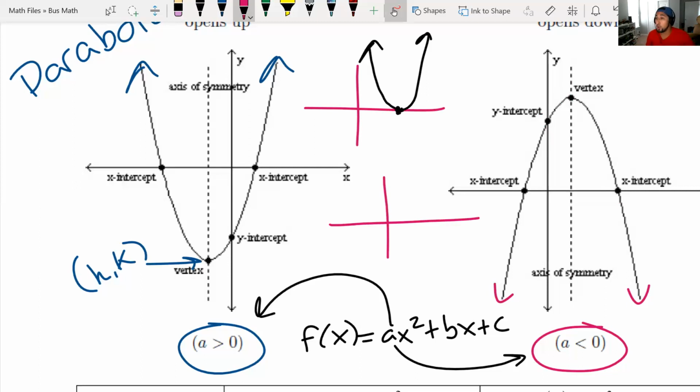A parabola with no x-intercepts could look like this. You don't even touch the x-axis. Therefore, you would have no x-intercepts. And of course, there could be other examples of this as well. I could have a parabola that opens down this way.